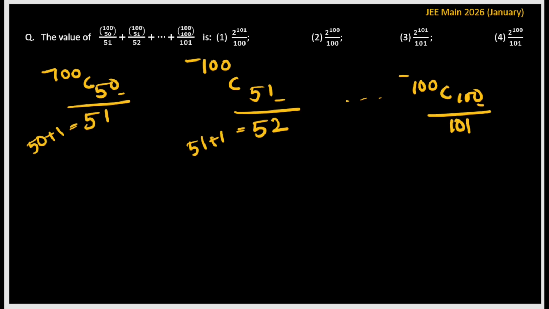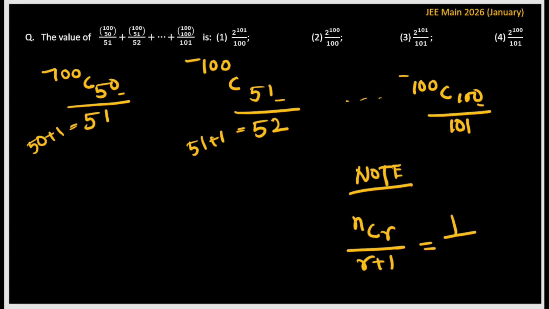So this pattern is r plus 1. So here we use a beautiful identity given in the binomial theorem. I write this as a note: nCr over r plus 1 is equal to 1 by n plus 1 times n plus 1 C r plus 1.